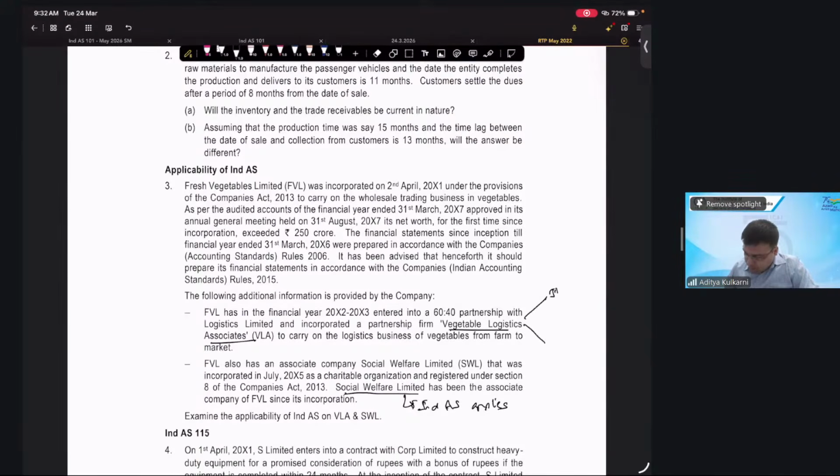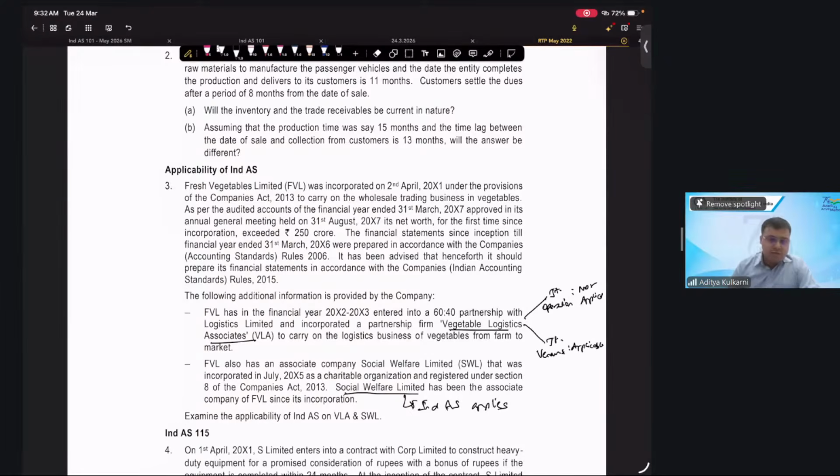If it is operating as a joint operation, it is not applicable. If it is running as a joint venture, then Ind AS will be applicable.